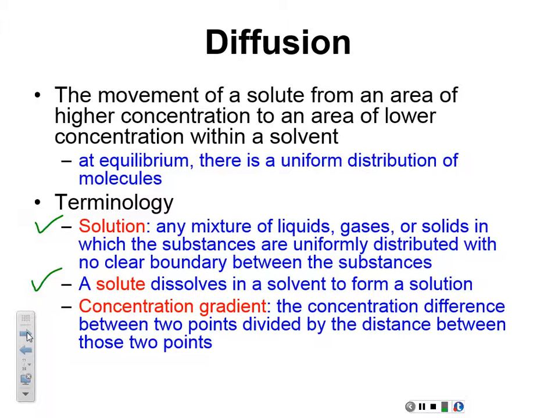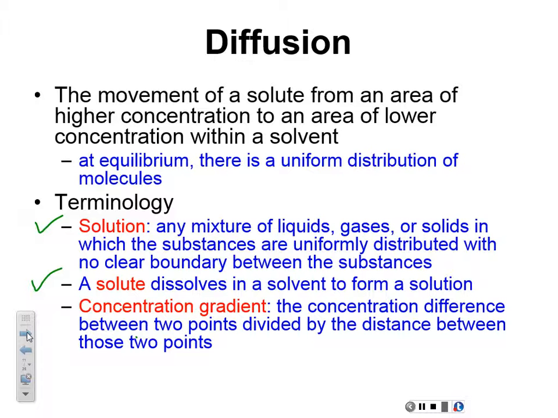So even for diffusion, the concentration gradient is the difference in concentrations between two solutions and the distance between them, okay? The distance affects how fast the molecules move from where they're concentrated to the other point. The shorter the distance, the quicker it will move.